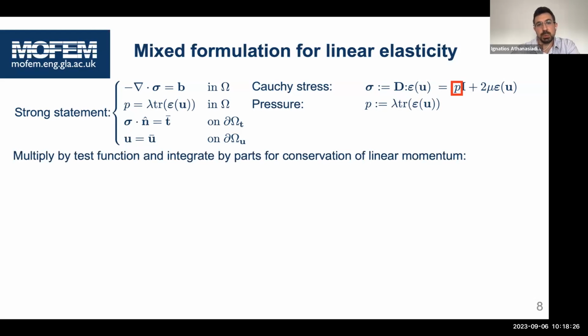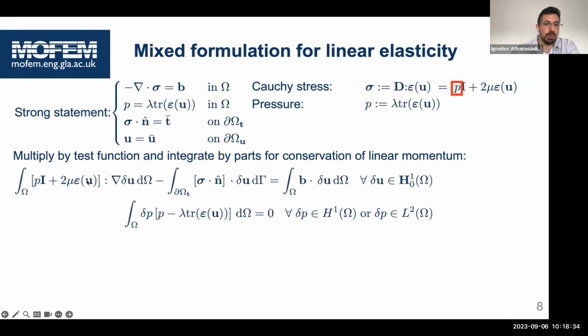So again, like we did for the standard formulation, we multiply both equations with test functions. And this is how it looks, after implementing the integration by parts for the term in the first equation. As you can see here, we are testing the second equation not with the previously used test functions for displacements, but with pressure test functions.